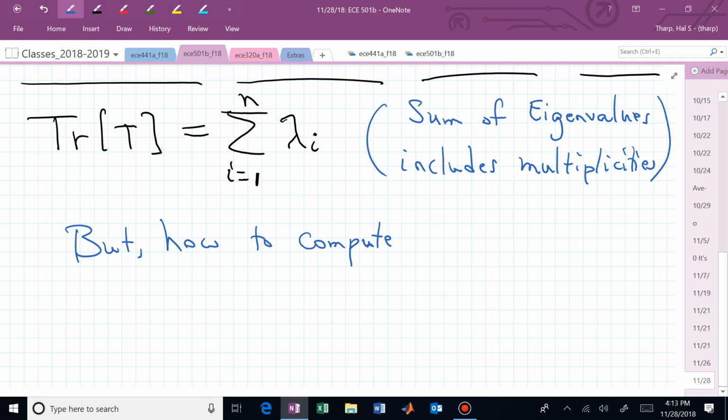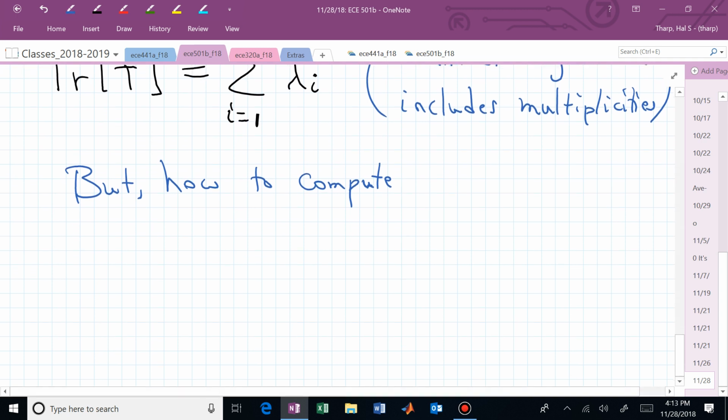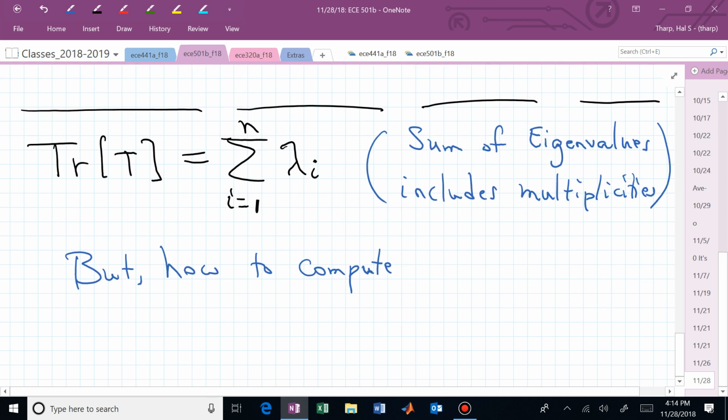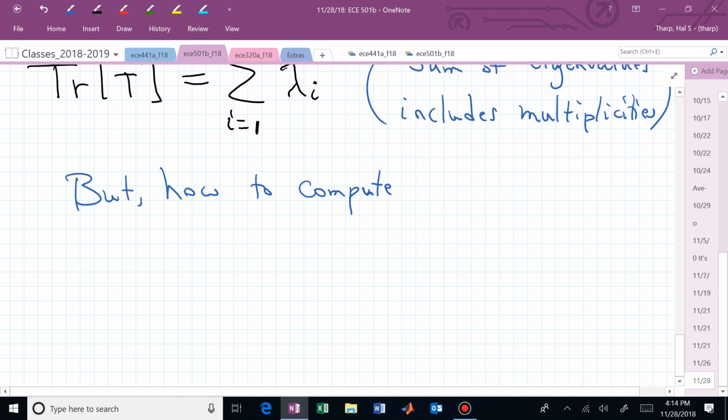Because you now have the eigenvalue-eigenvector equation. We didn't do it by doing determinants, so now how do we compute? We would have to find those 5 lambdas and then sum them up to get the trace, knowing what we know now. Well, now I'm going to give you a more direct way of finding the trace of that linear map. But how to compute TR of capital T.